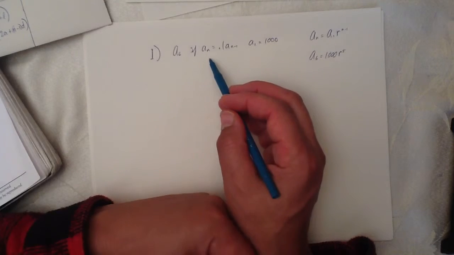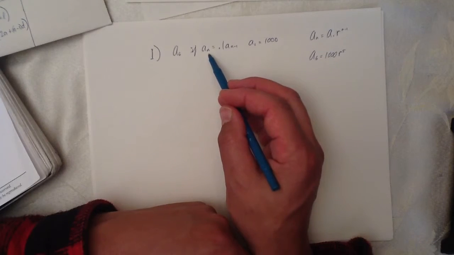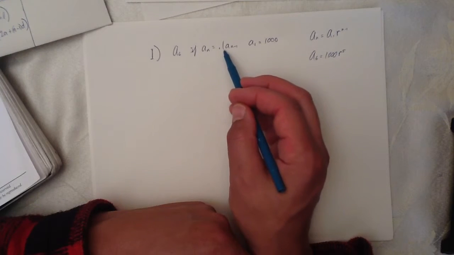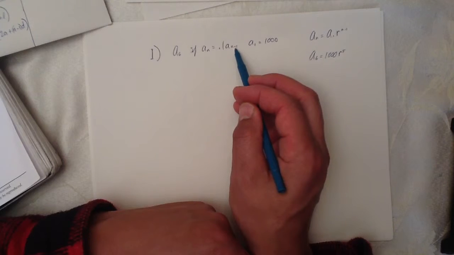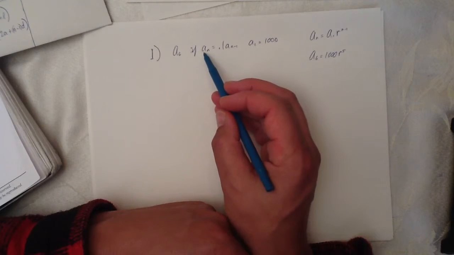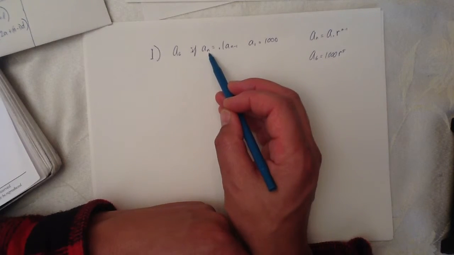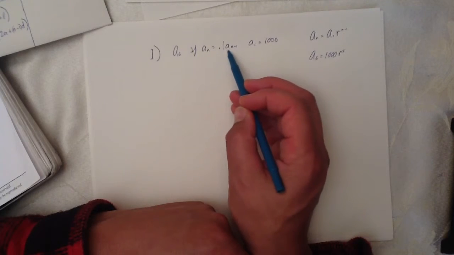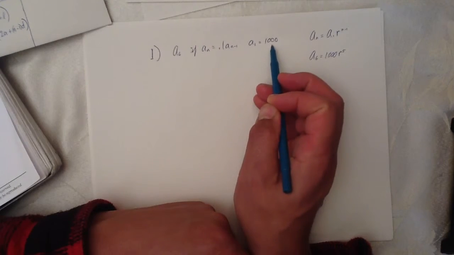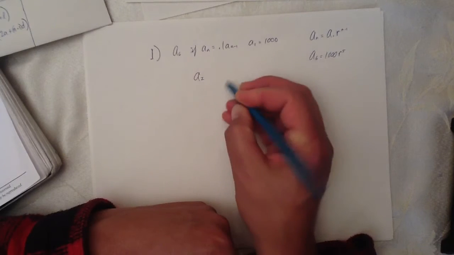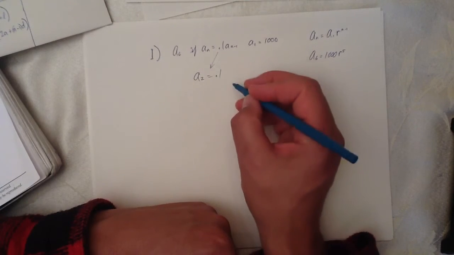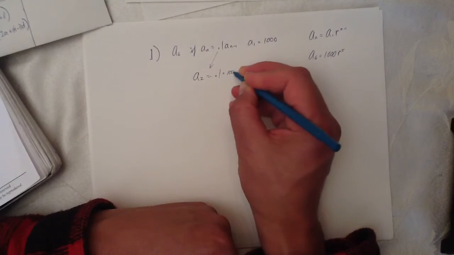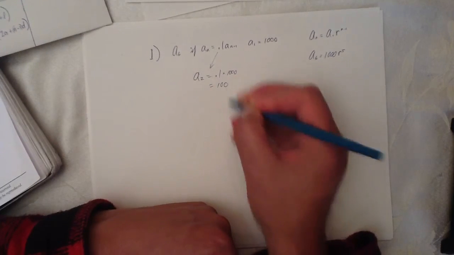Let's see if I can figure out what, if I wanted to find out what A5 was, it would be a multiple of A4. So if I want to find out what A2 was, it would be a multiple of A1, which I know. So A2, using this formula, should equal 0.1 times 1000, which equals 100.